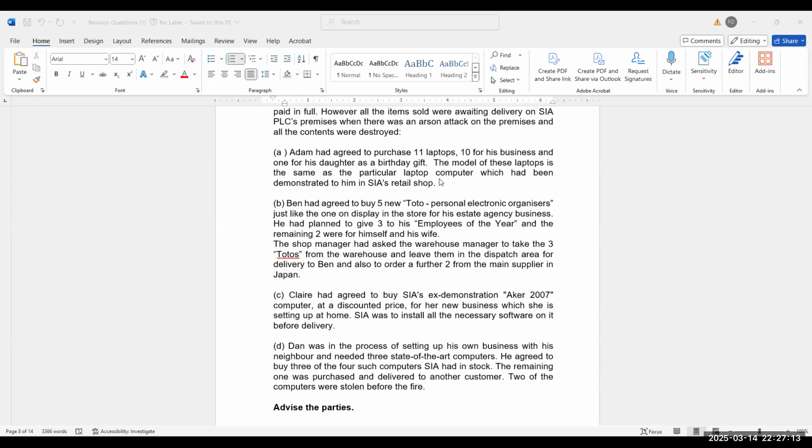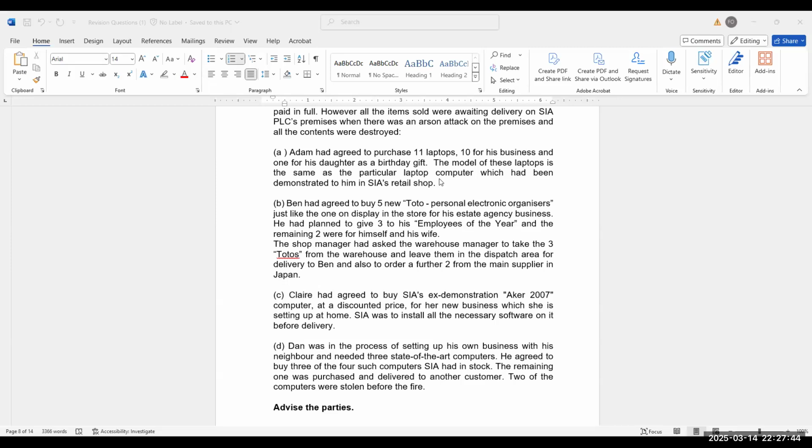So in a non-consumer contract, Section 21 applies, and we're saying it's an agreement for specific goods pursuant to Section 7. So there was an arson attack, and all was destroyed. So the contract will be avoided, provided risk has not passed and the arson is not their fault. So the Law Reform Act does not apply in such situations.